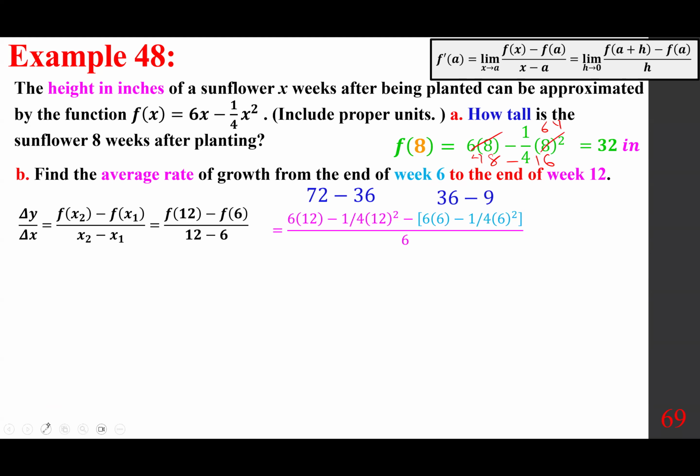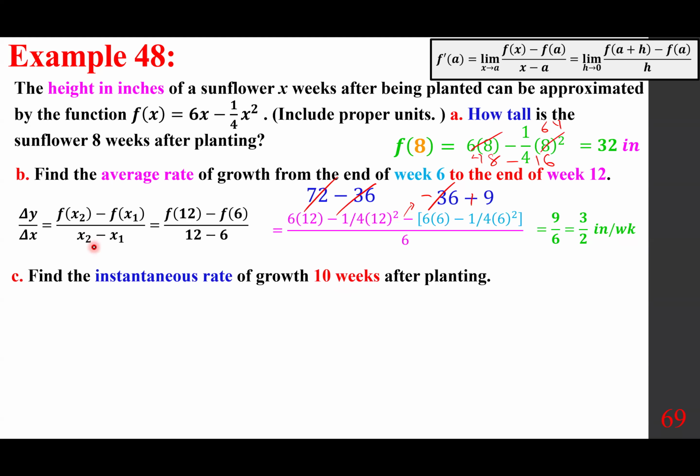And if I distribute the negative, everybody, I get minus 36 plus 9, and I get 9 over 6, or 3/2 of an inch per week. Units of the numerator over the units of the denominator, okay? Units of the change in height over the units of change in time.